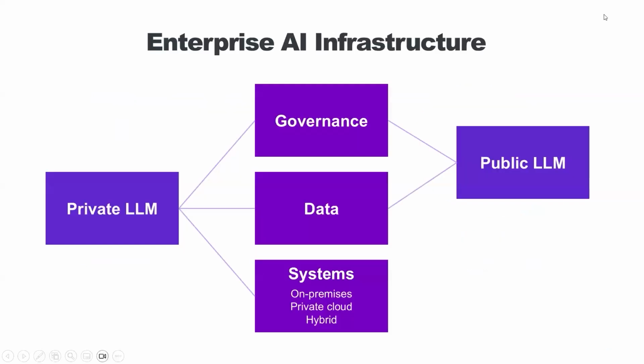So let's look at a typical AI infrastructure. As I mentioned, the bulk of what is going to be feeding or training these LLMs is your data. And unfortunately, the data is everywhere. Like I said, the bulk of what we have in our organizations is unstructured data.